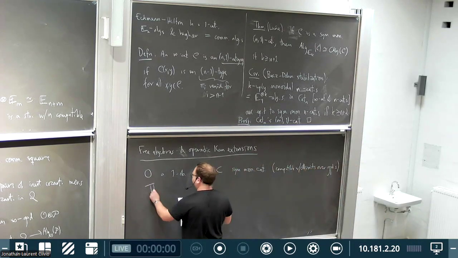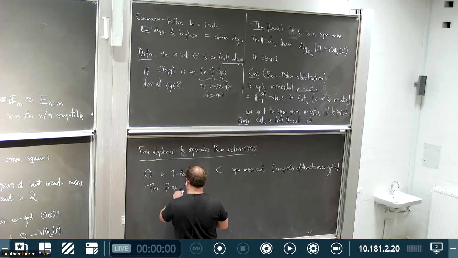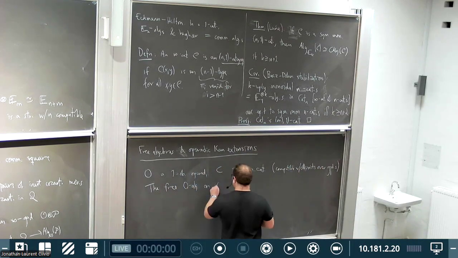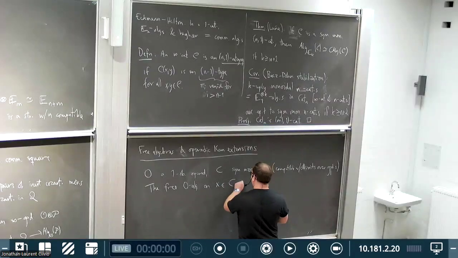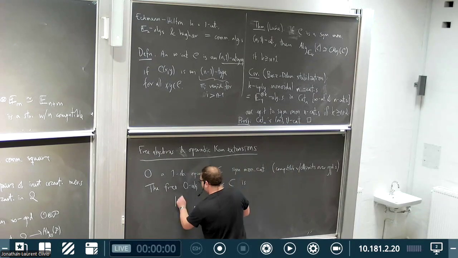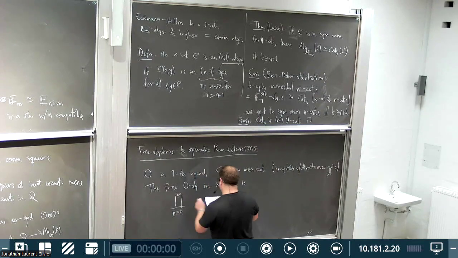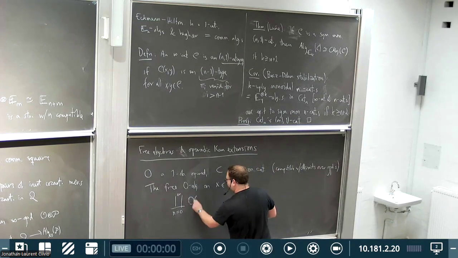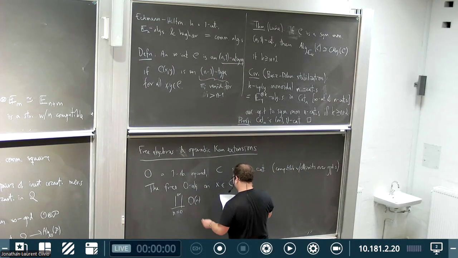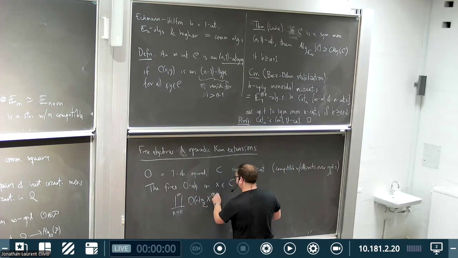Then the formula for the free O-algebra on an object X in C is described as the coproduct over n going from 0 to infinity of O(n), the operations in the operad, tensored over Sigma_n with X tensor n.